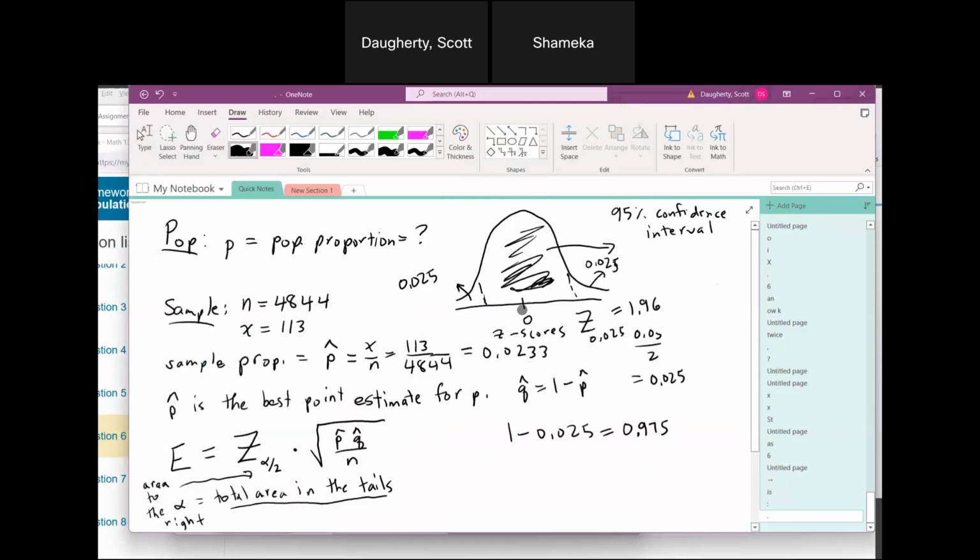Zero's in the middle, and there's a 1 here, and eventually you get to 1.96. Once you get to 1.96 at a particular z-score, that's when the area to the right of it is 0.025. Okay, and we just found that. That's the z-score that we need in this little formula. So I'm going to write that down. That goes right there.